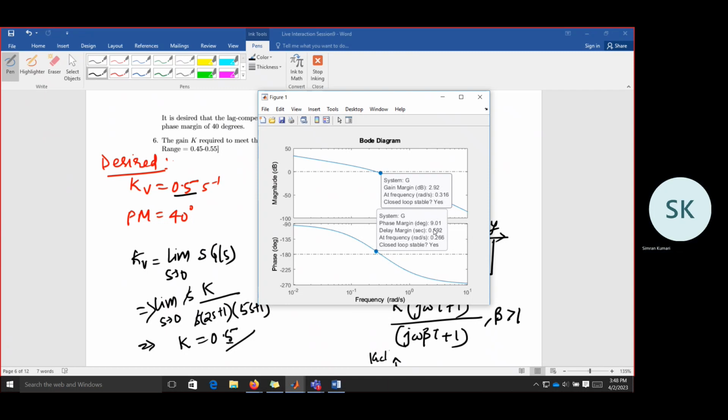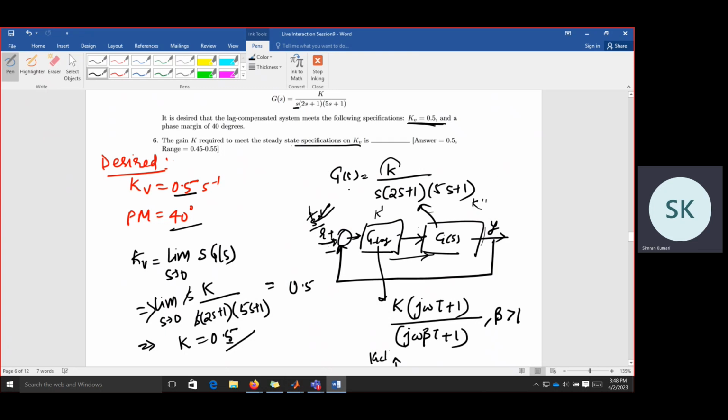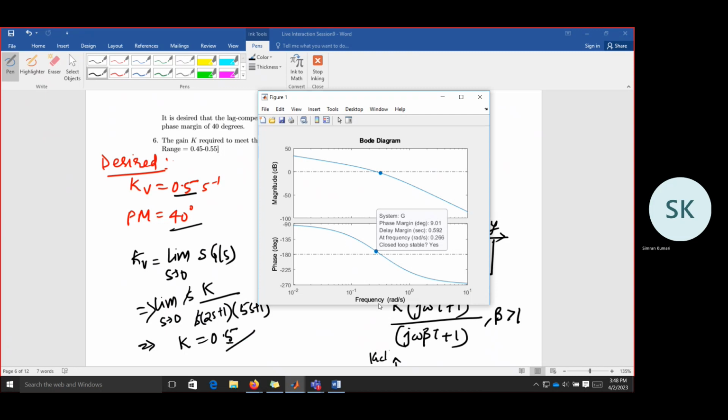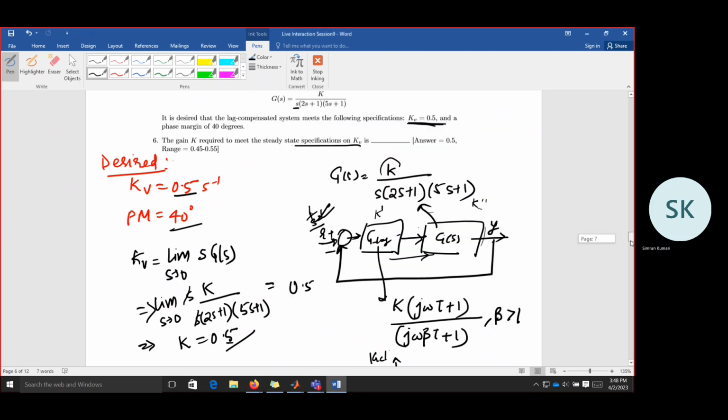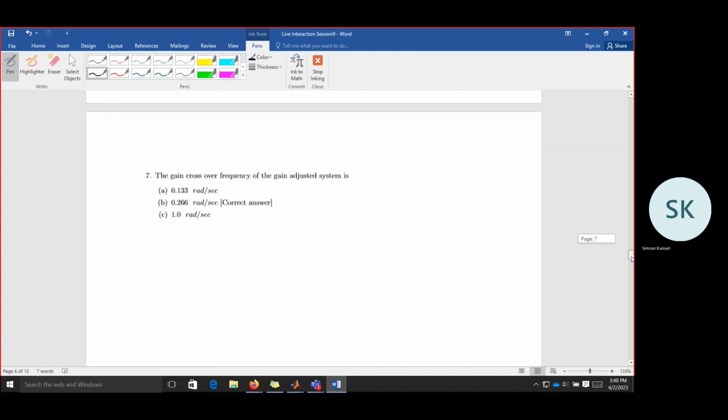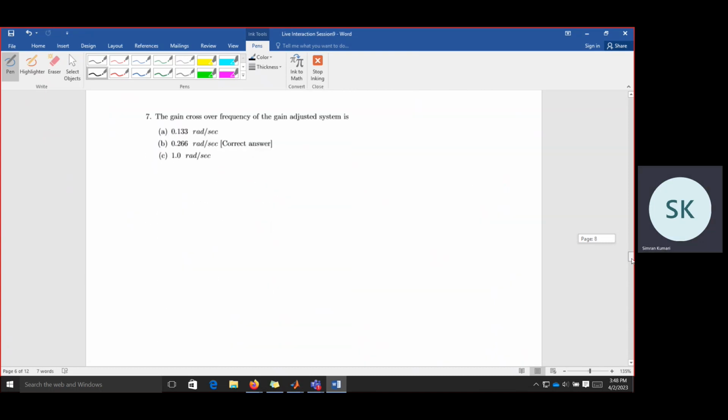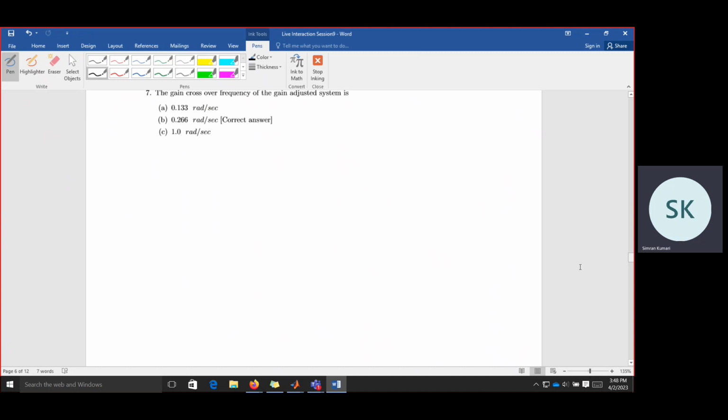Okay. So what we have to do, we have to increase the phase margin by 40 degree, because this is the specification, this 40 degree. And as of now, the phase margin is 9.01 degree. Okay. So let's start with this design.